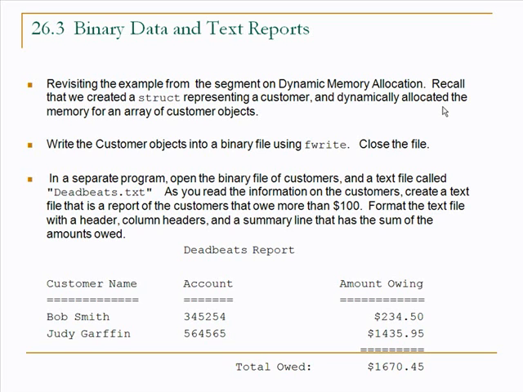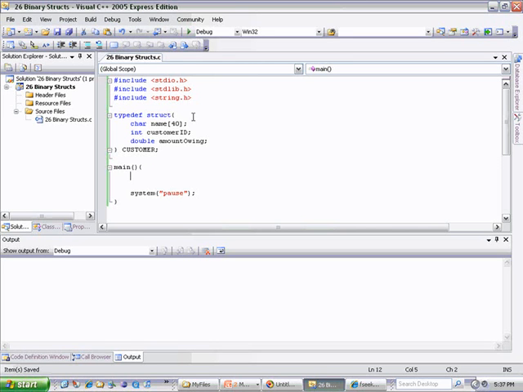So we're going to go back and look at the customer struct, and I copied this out of the previous section where we were doing dynamic memory allocation. And I'm going to declare a couple of these customers. So let's make customers Bob and Susan, and that's not dynamic memory allocation. Those are 2 structs allocated right there on the stack.